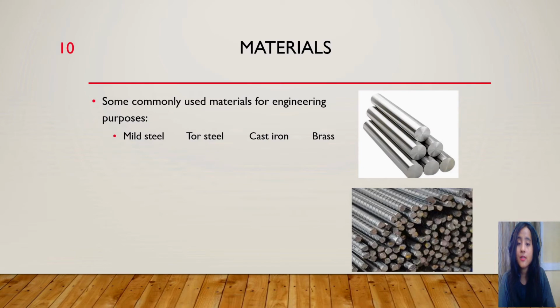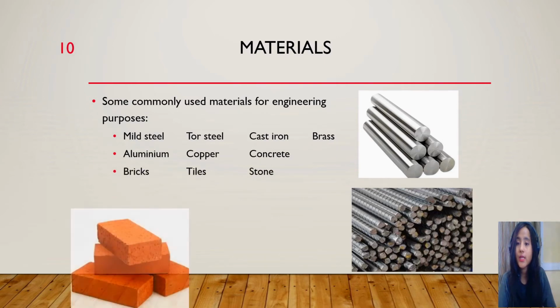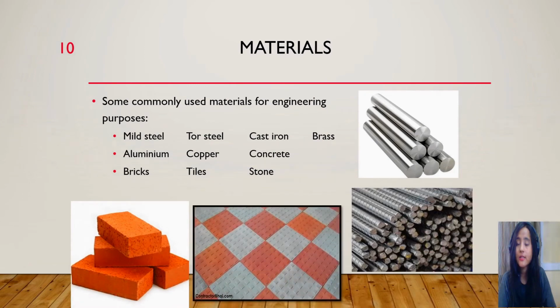This kind of steel can take more tension forces as compared to mild steel. Then aluminium, copper, concrete, bricks, tiles, and stones. These are some of the commonly used materials for building a structure.